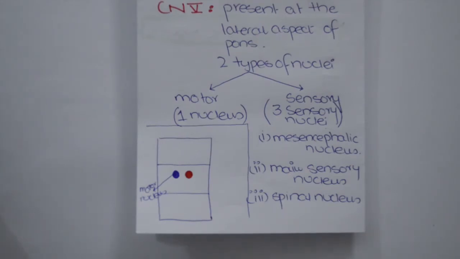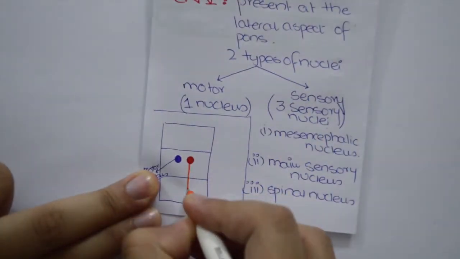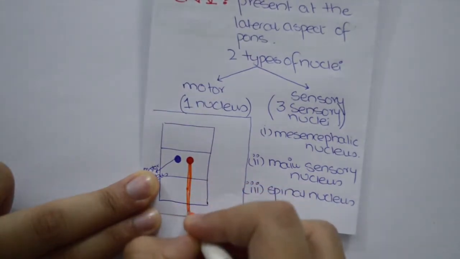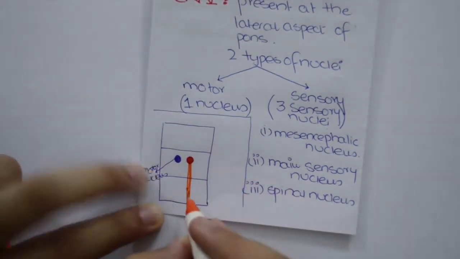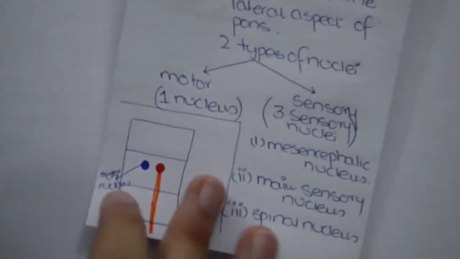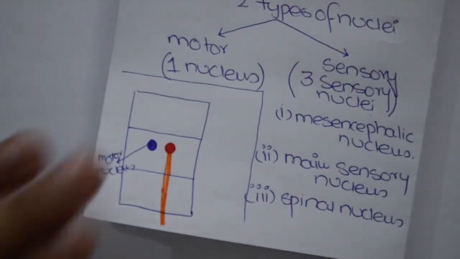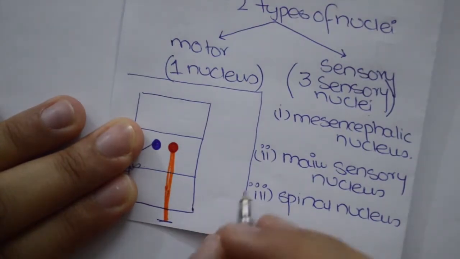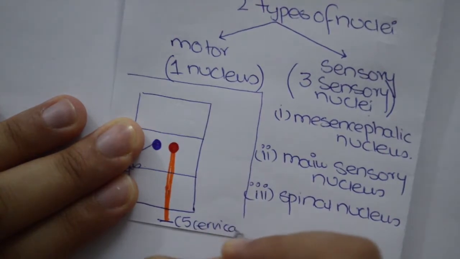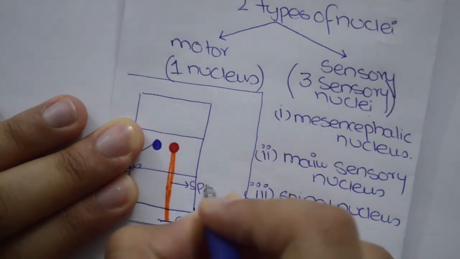Then we have the spinal nucleus going down towards the spine, and it ends at the C5 cervical segment.